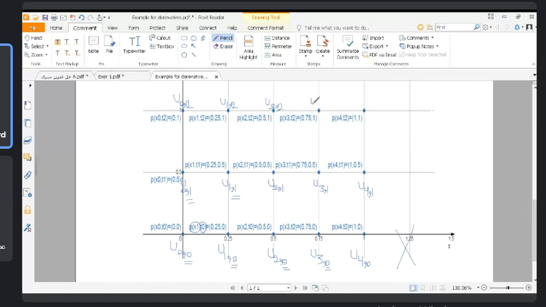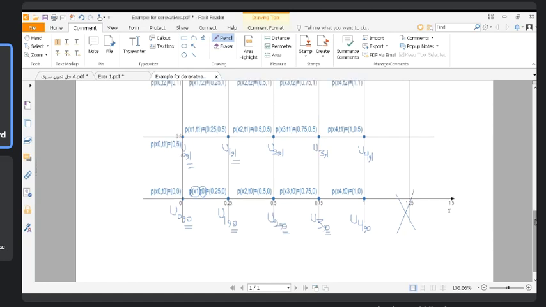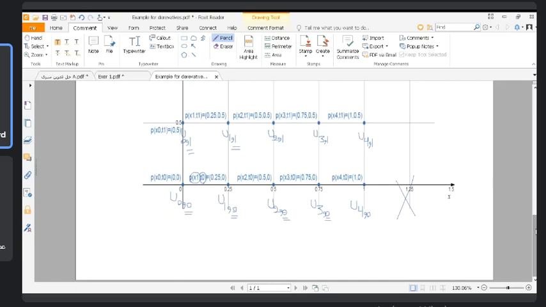For the next point, we have u 3 and 2. And finally, we have u 3 and 3. Okay? We want to use the forward approximation to compute the derivative of all of these points.